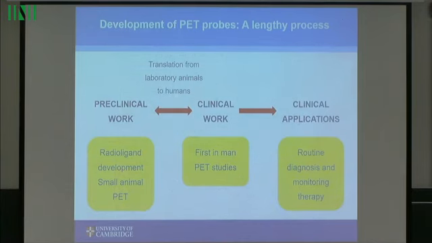So once we do the preclinical work, it gets translated to the clinic, but then it can come back because something was not right. The affinity that we found in the preclinical setting might be quite different from what is in the clinic. So this is an iterative procedure essentially, so it is quite a lengthy process. And once we have the information from the human PET study, it could then be translated into regular application in the clinic.